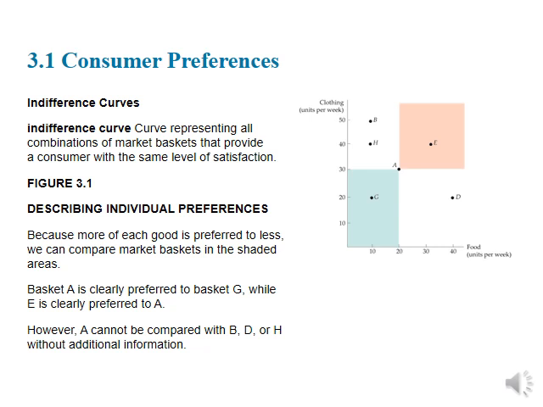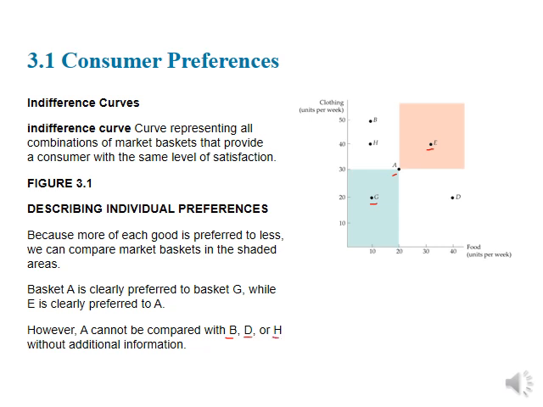If we have more being better than less, then A is better than G, and E is better than A. And if we have transitive preferences, the fact that E is better than A also means that E is better than G. However, we can't compare A to B, D, or H without additional information.